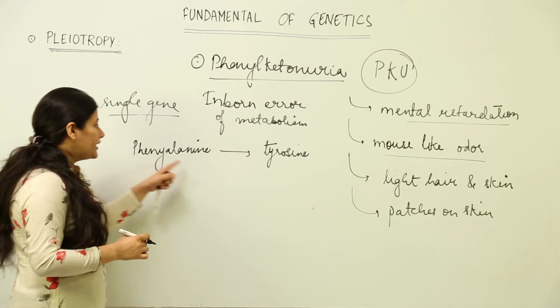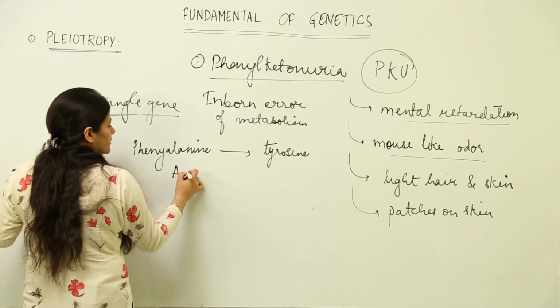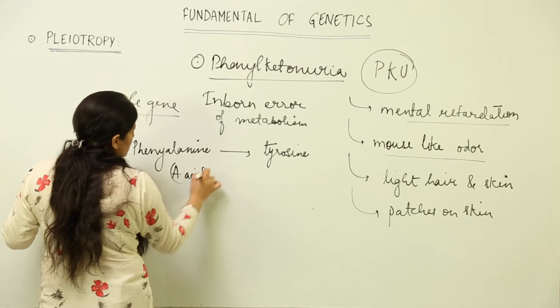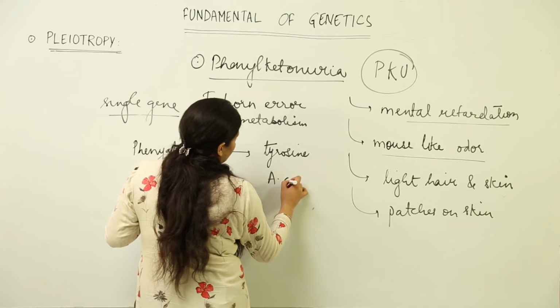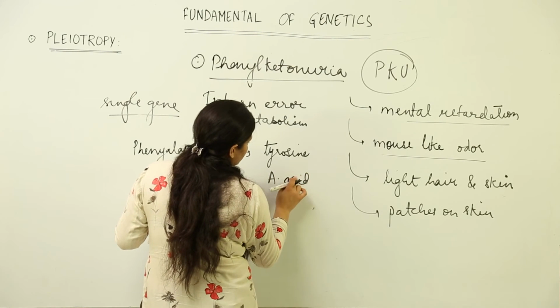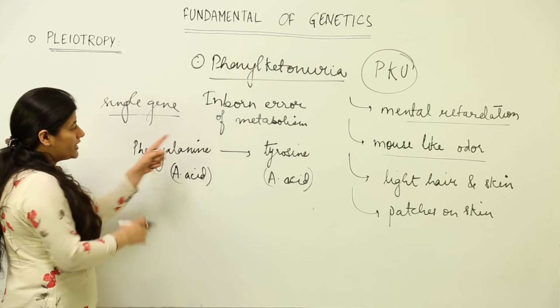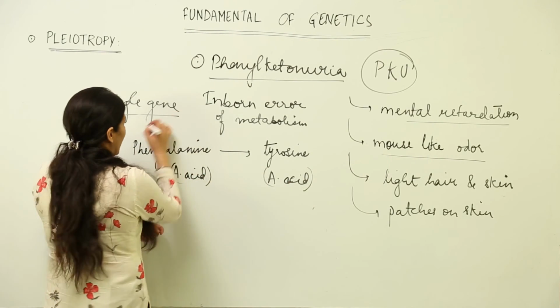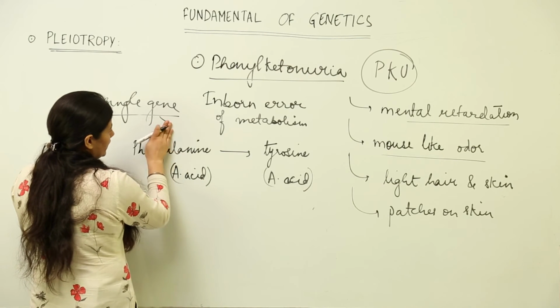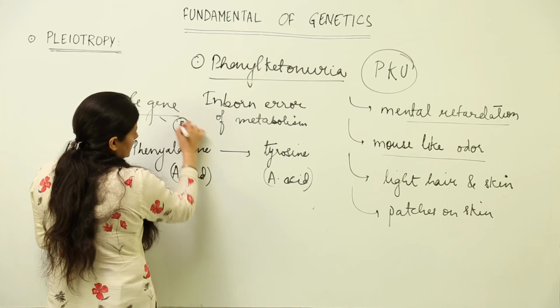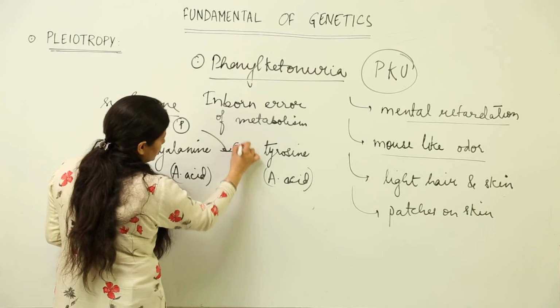Now see this, phenylalanine is an amino acid. Tyrosine is also an amino acid. Phenylalanine is a very important amino acid. It is responsible for making many proteins. Now this phenylalanine has to be converted to tyrosine under the influence of a protein which is catalyzing this reaction.